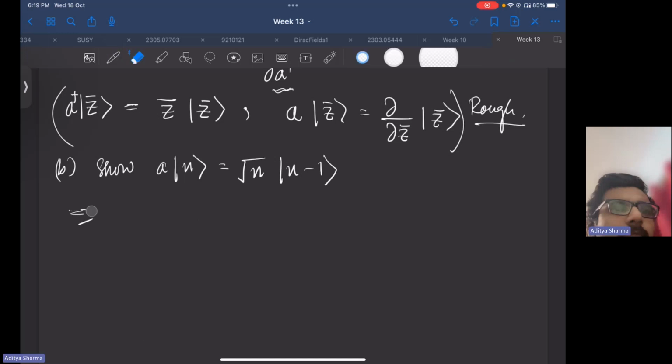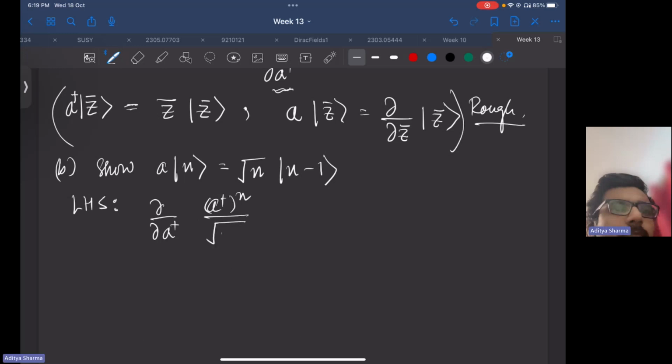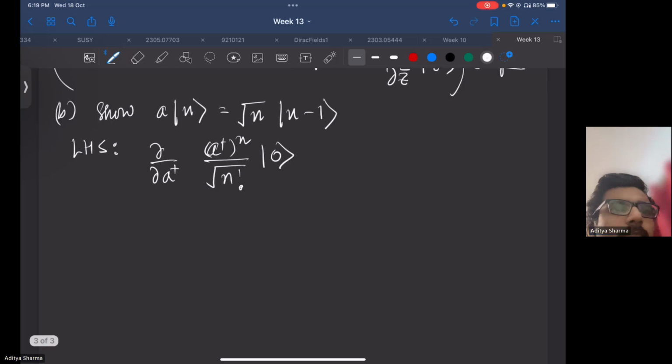I'm going to start with the left hand side and write A in terms of A dagger, and N can be written as A dagger N divided by square root N factorial acted on 0. So this can be written as N times A dagger N minus 1 over square root N factorial, acting on 0.